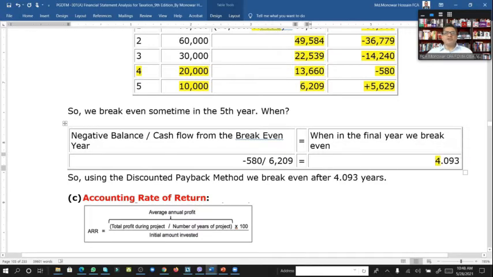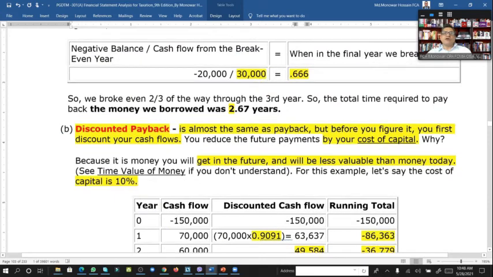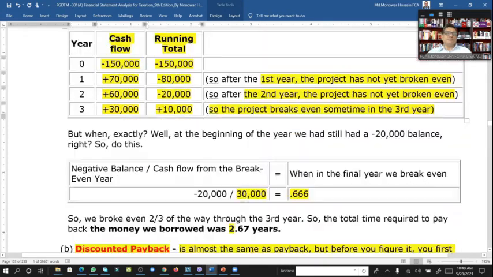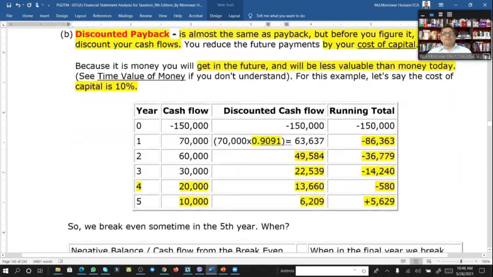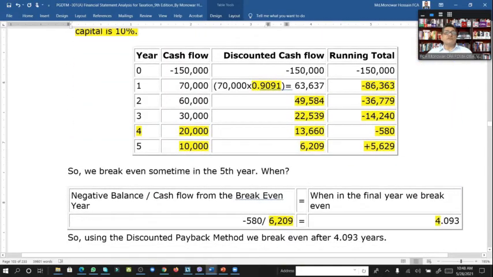And the fraction would be 580, divided by the adjusted figure. But in the previous one, it was only one cash flow, the 30,000. That 30,000 was in year 3, but here we are taking year 5, because for taking the break-even of this project, we calculated it, and here 6,209 is coming.